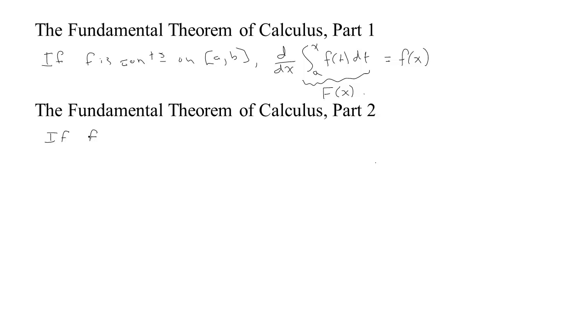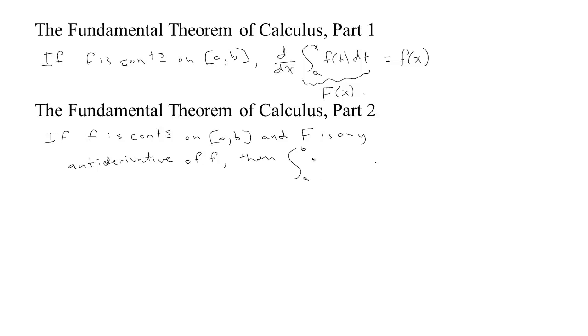So if f is continuous on [a, b] and capital F is any antiderivative of little f, then you can find the integral from a to b of f of x dx just by taking that antiderivative and evaluating it between the two endpoints.